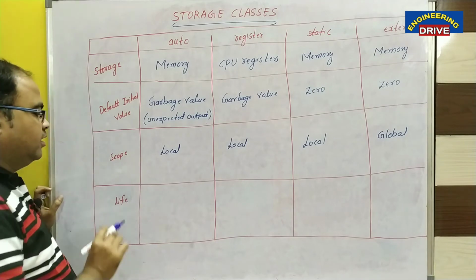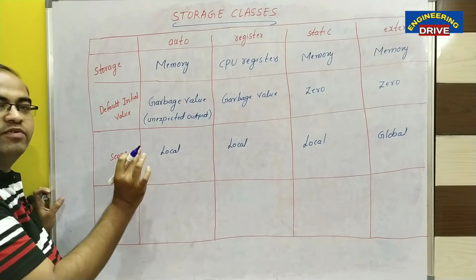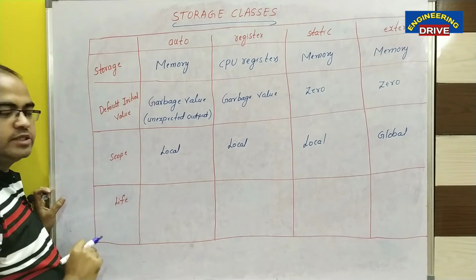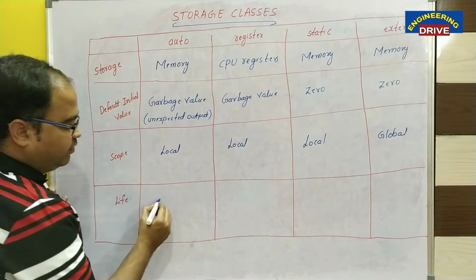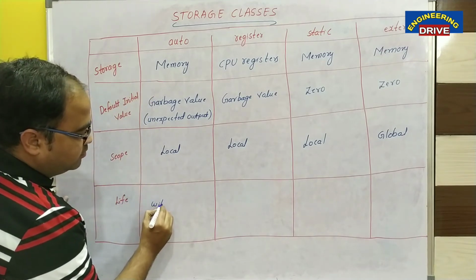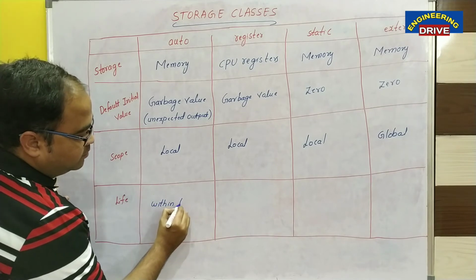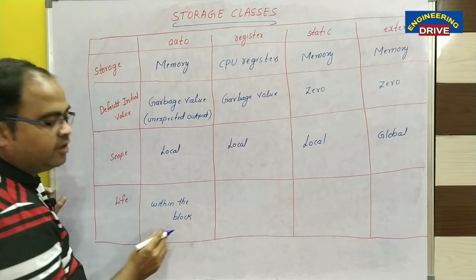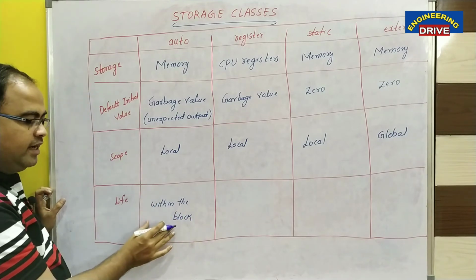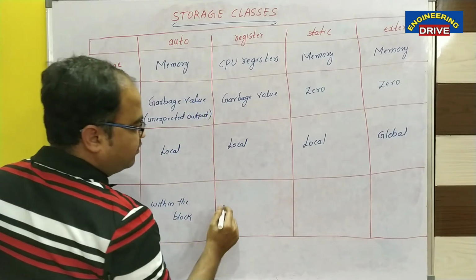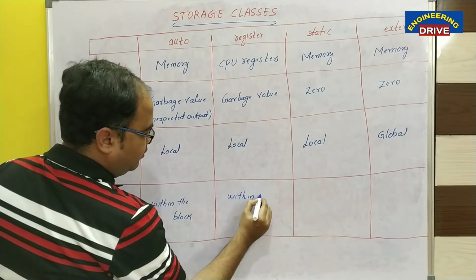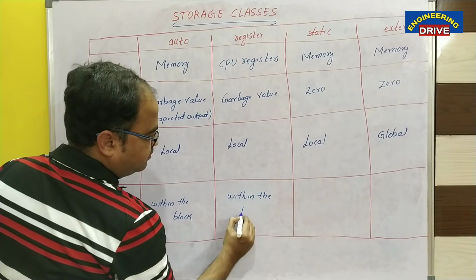Okay. Next thing, the life of the variable. How long does the variable value exist in a program? In case of auto storage class, the life of the variable will be within the block in which it is declared. Similarly, in case of register storage class also, the life of the variable will be within the block itself.